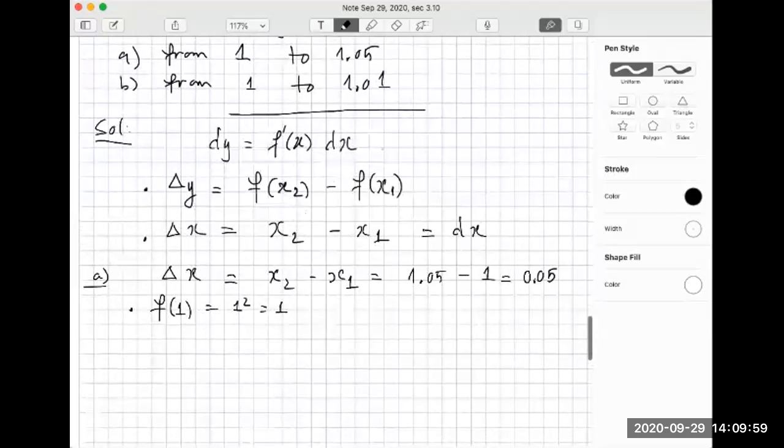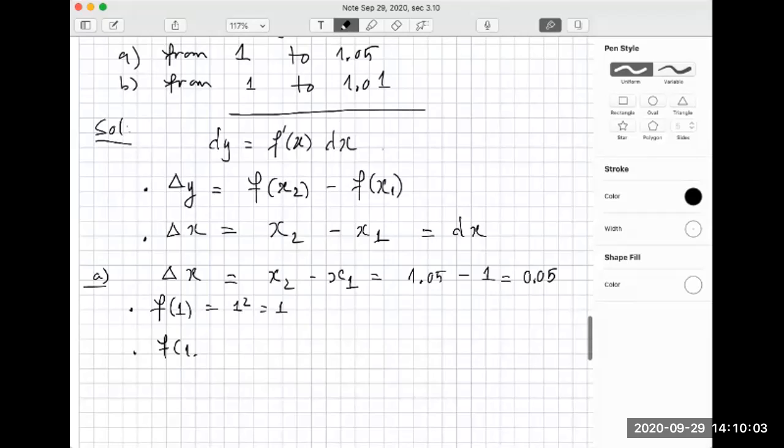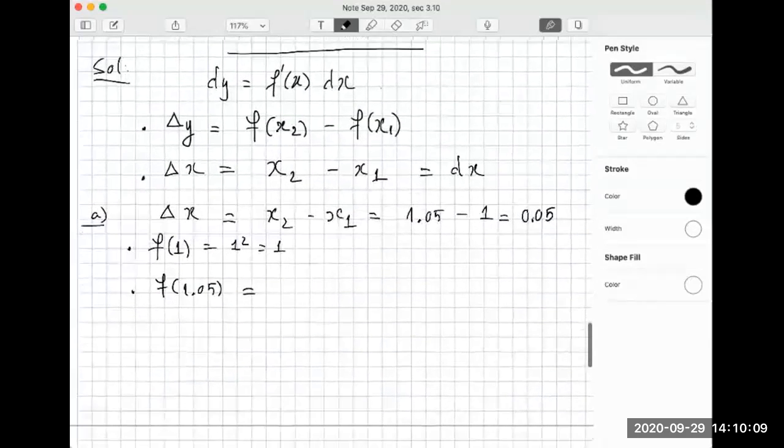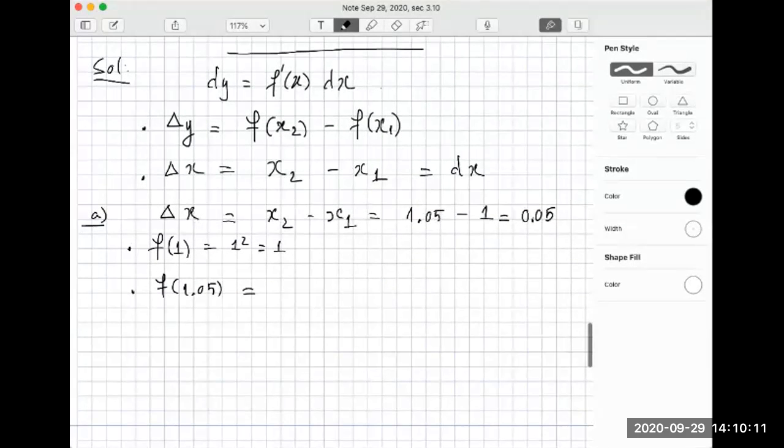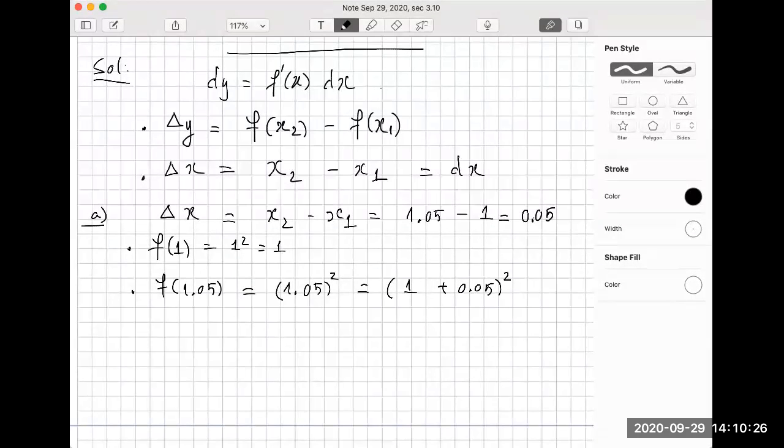How about the second point, which is f of 1.05? If you don't have a calculator, we can still do it by hand, which is 1.05 squared, right? And 1.05 is 1 plus 0.05, okay?